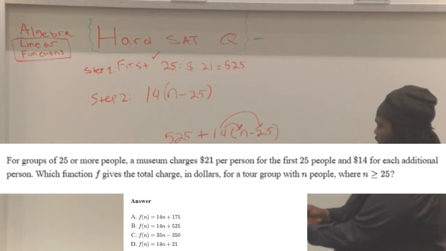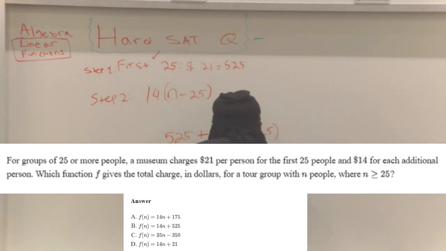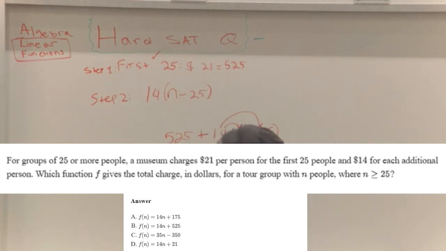We have 525 minus 350. We got 175. So we have 14n plus 175. All right, cool. That looks like A.